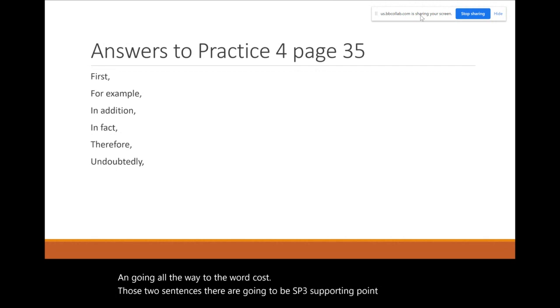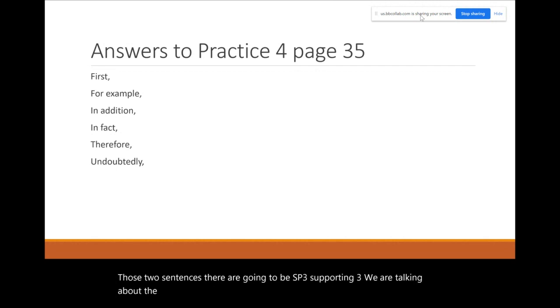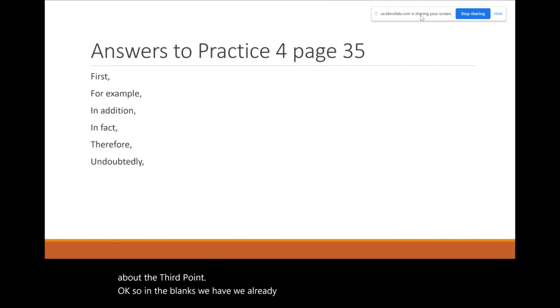We are talking about the third point. In the blanks, we already did "in fact," and then the next blank is "therefore," and the last one is "undoubtedly." Where it starts with "undoubtedly," that is the conclusion sentence.